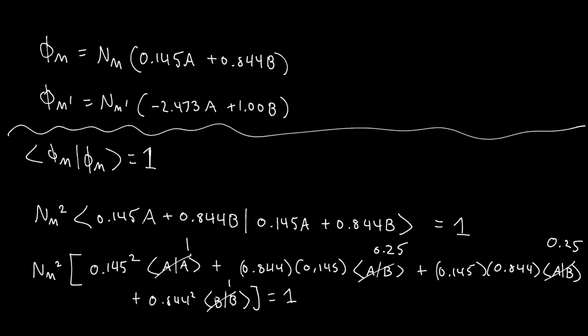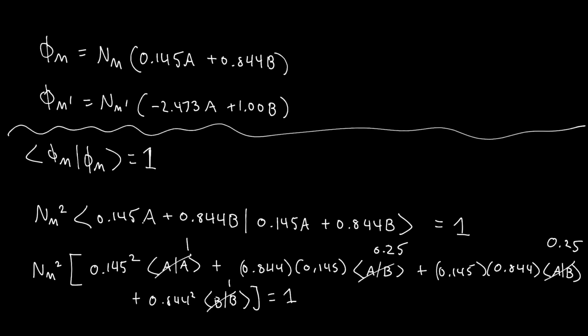So to do that, we do nm squared times the inner product of 0.145a plus 0.844b with 0.145a plus 0.844b. Notice that we can take the nm out of the inner product to get an nm squared on the outside, which will make our calculation simpler.